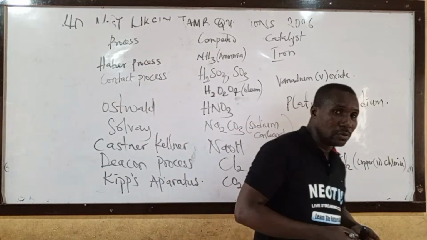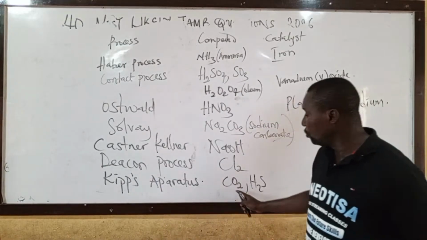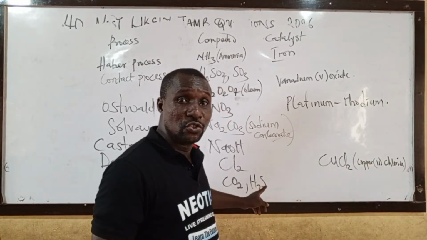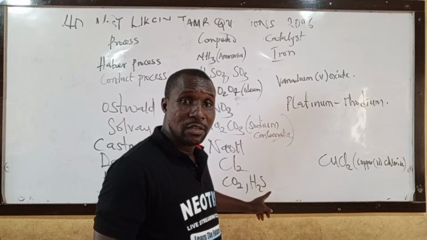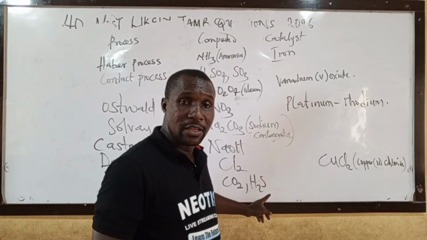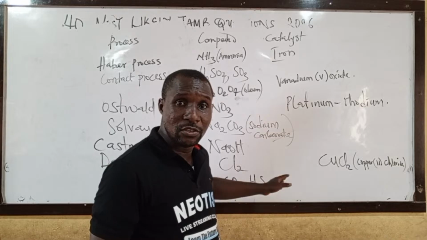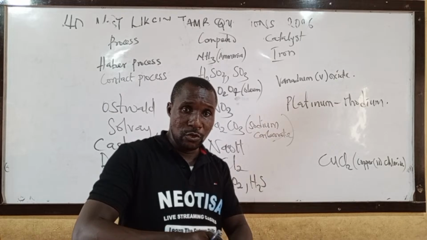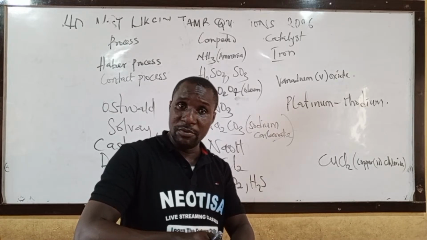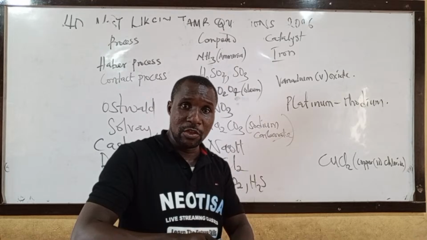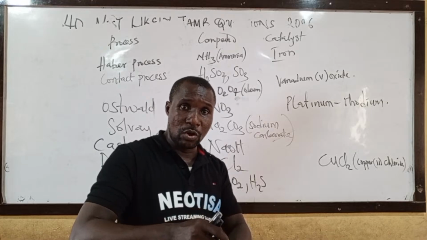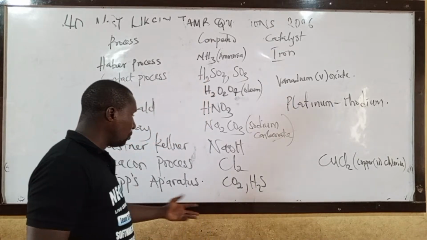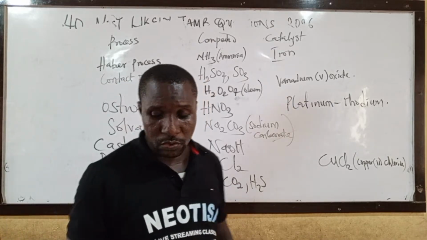Don't forget, CO2 is used in beverages, like your Coca-Cola, your soft drink. When you open your beverage, maybe your Coca-Cola, maybe your Big Cola, that gas that produces a pop sound is CO2. In the lab, we use KIPS apparatus to produce it and H2S. Take note of that.